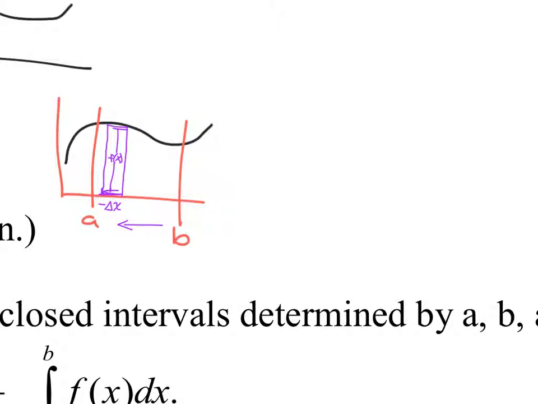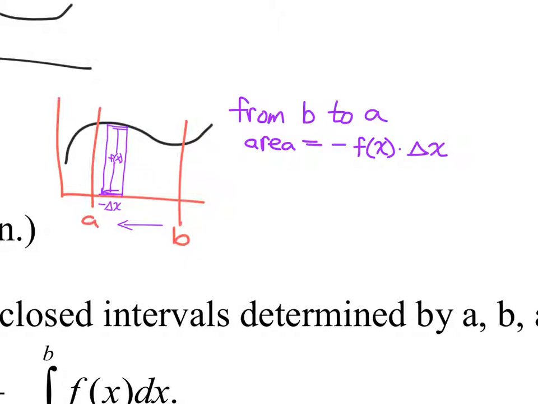What we're looking at here is, as I go from B to A, I'm looking at an area equal to negative f of x times delta x.